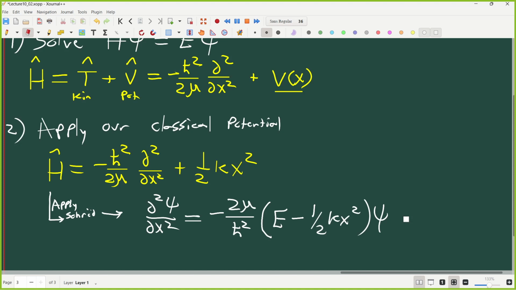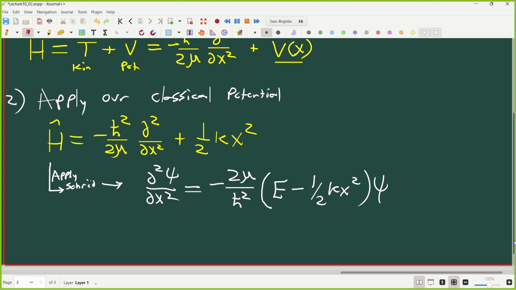So let's look at what we have here. Let me remind you what the particle in the box equation looked like. This is our QHO problem. This is our QHO Schrodinger equation. For the particle in the box, what does our equation look like?